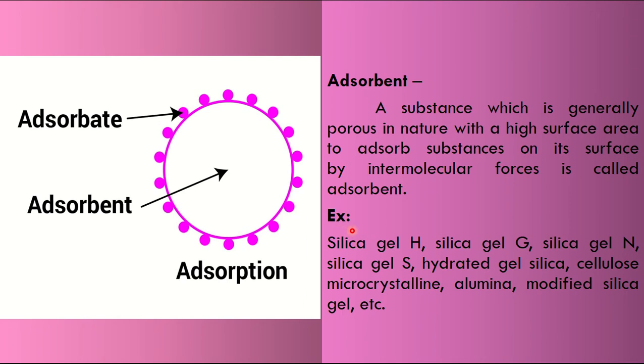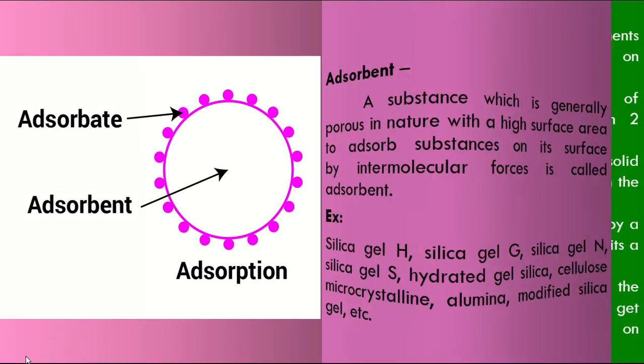An example of a commonly used adsorbent is silica gel. This silica gel is available in various grades like silica gel H, silica gel G, silica gel N, silica gel S, hydrated silica gel, and modified silica gel, whereas the other adsorbents are cellulose, microcrystalline cellulose, and alumina, which are also commonly used as adsorbents.